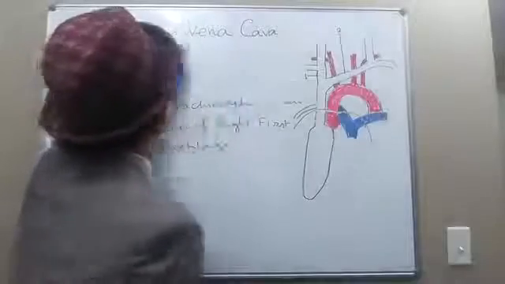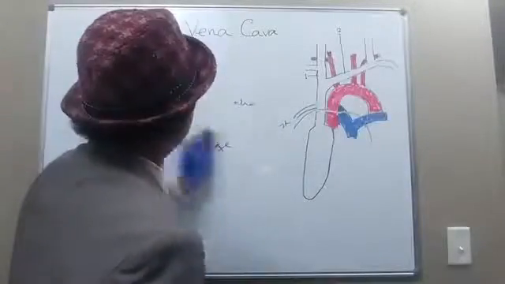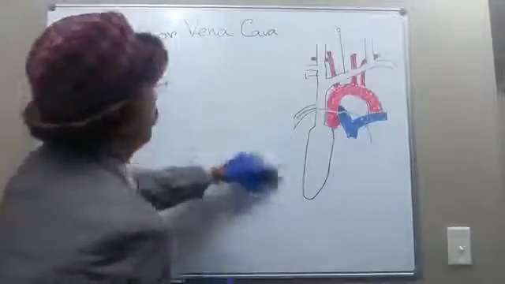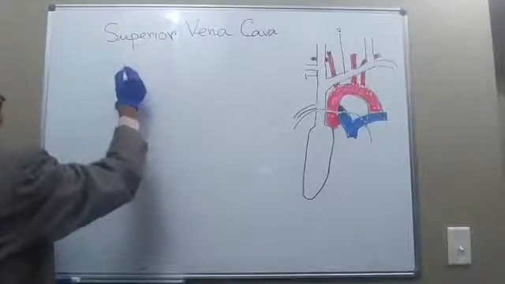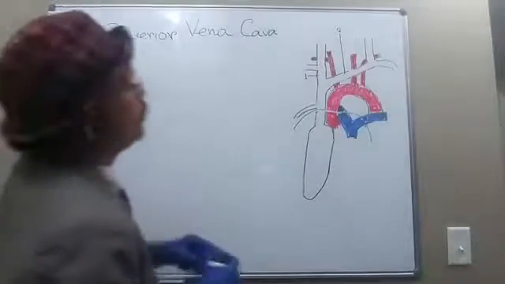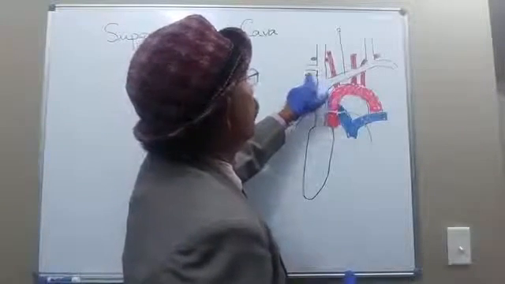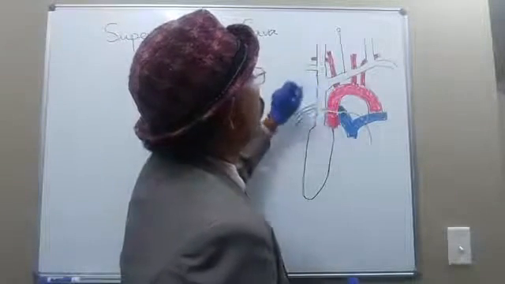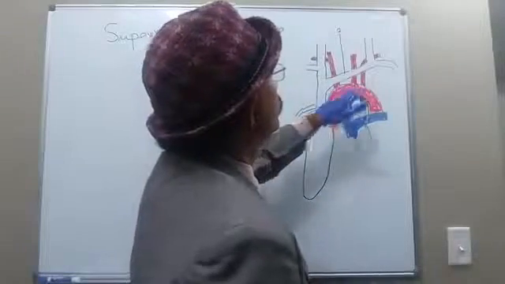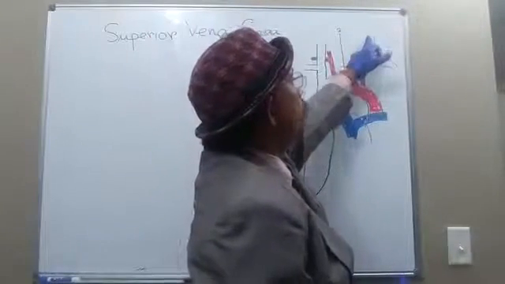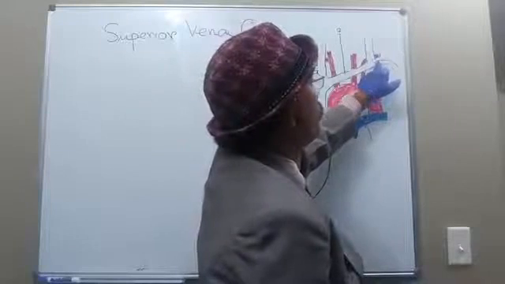Now we have to find out the landmarks. First of all, how are the brachiocephalic veins formed? Brachiocephalic veins are formed by the union of the internal jugular vein and the subclavian vein.